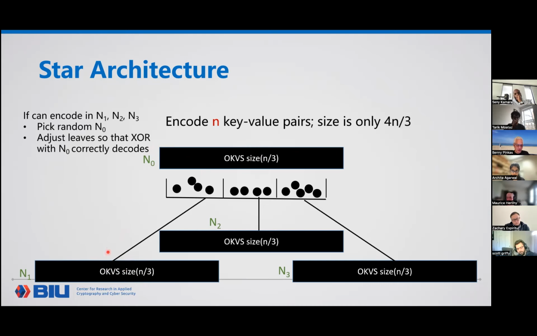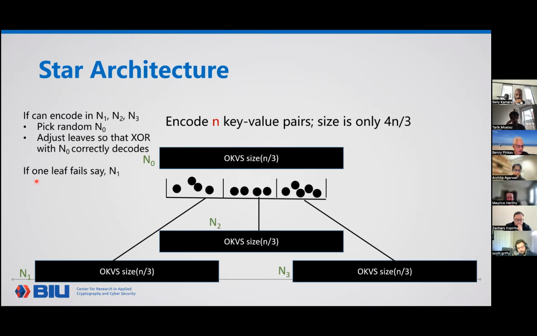What I retrieve for A from this OKVS should be a value that, if I XOR it with what I retrieve for A from this OKVS, will give me the right answer. Basically here I can encode whatever value I need. So initially I put completely random values here, and here I put whatever values are needed so that the XOR with this gives the right answers. The same here: I had random values, and for each item which was mapped here and here, I can encode whatever I need to compensate for the random values.